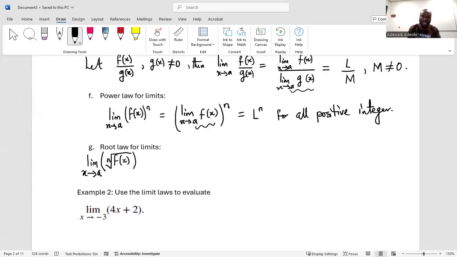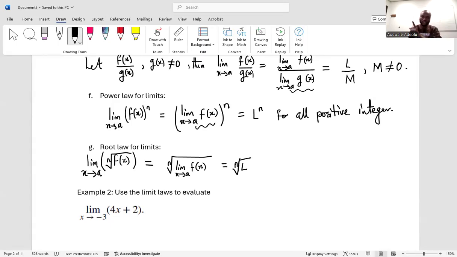So what the law allows me to do is, again, move the limit inside. So I have the nth root of the limit as x goes to a of that function f of x, and that is the nth root of L.